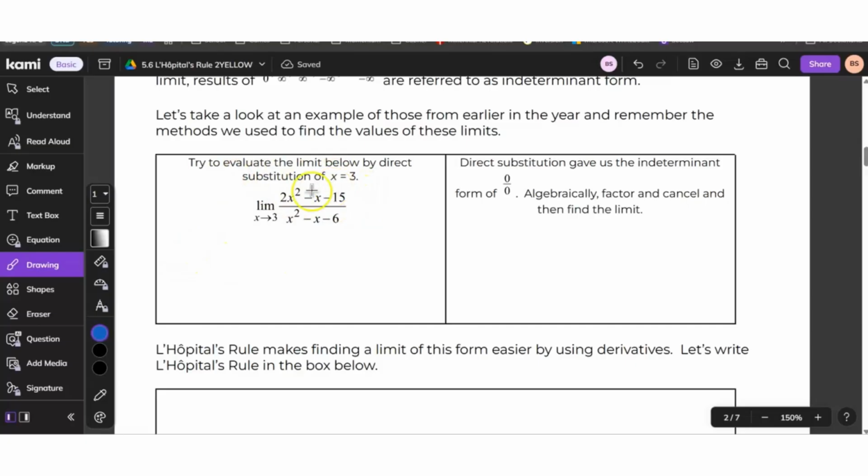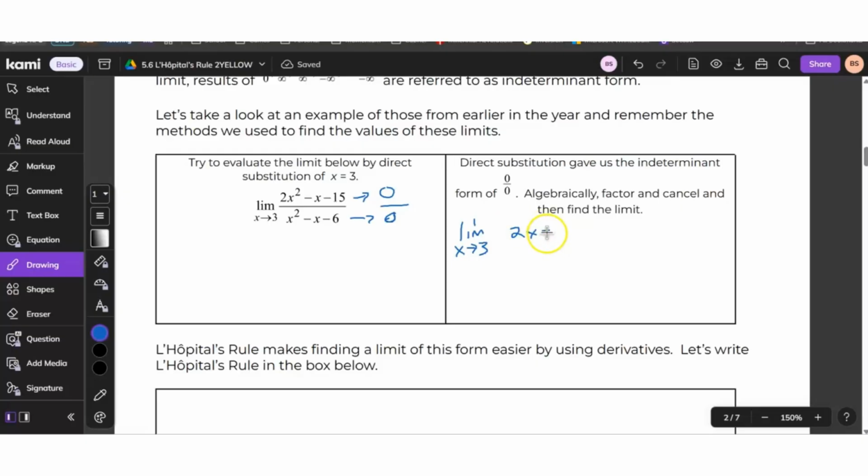So if we look at that, try to evaluate this one by subbing in 3. When I do that, I'm going to get 9, 18, minus 3 is 15, minus 15 is 0. Then I'm going to get 9 minus 3 is 6, minus 6 is 0. Oh, that's sad. I got 0 over 0. Algebraically factor, and let's cancel out some stuff. Limit, x approaching 3. Multiplied to negative 30, add to 5, negative 1, so we're going to get negative 6.